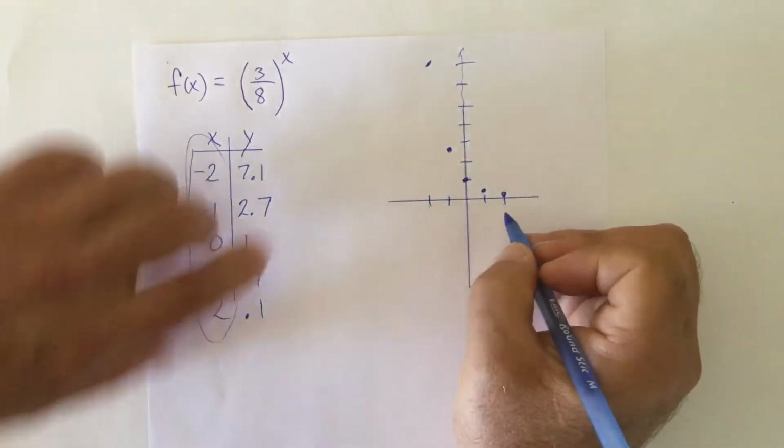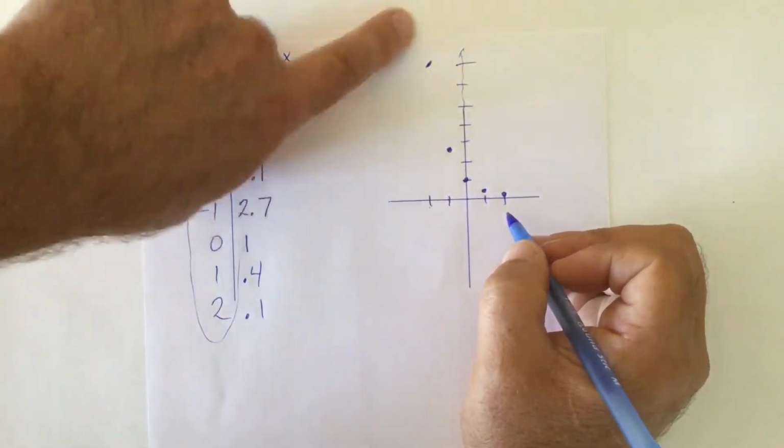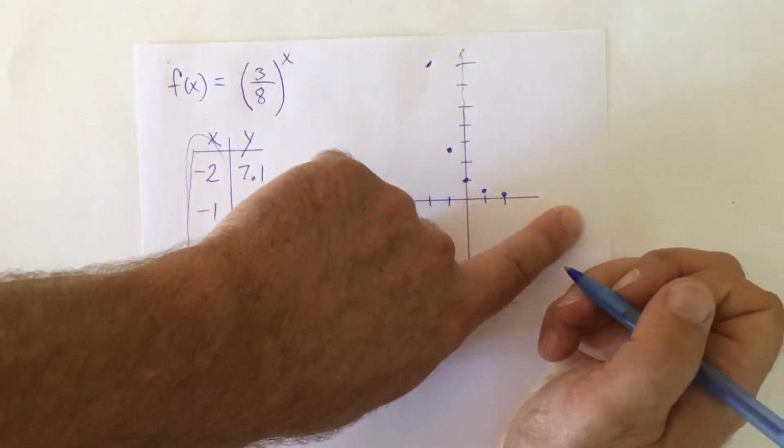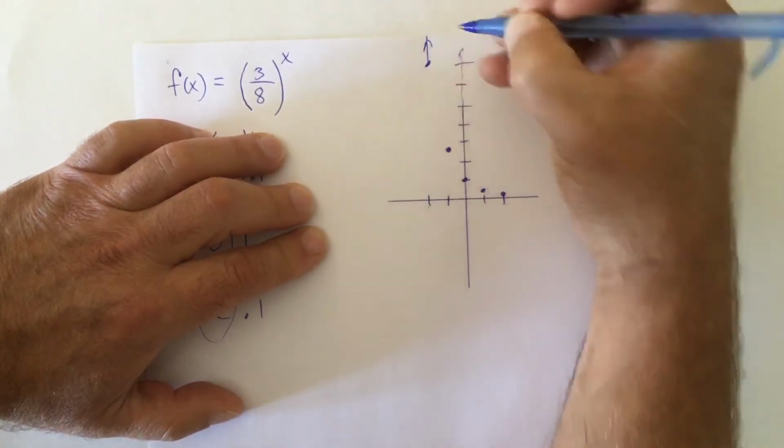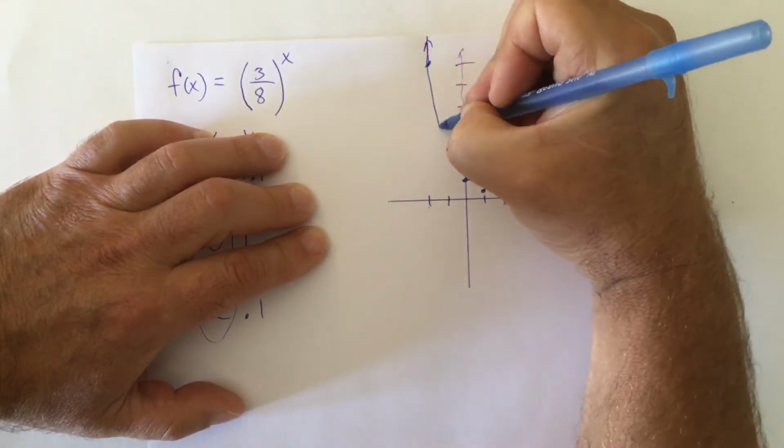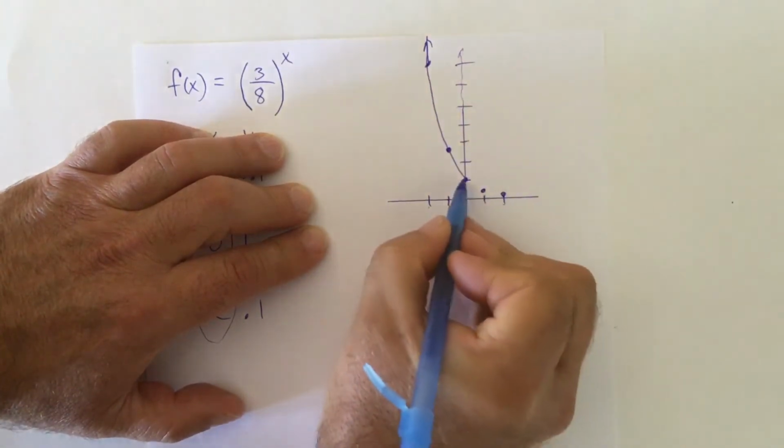Now what's happening here is, look, it's going to get really steep on this side, but over here it's going to hug the line. So once again, this guy's just going to get big, big, big. It's just going to get bigger, but this time it's going to cut down this direction.